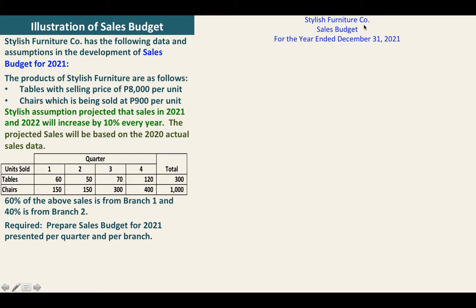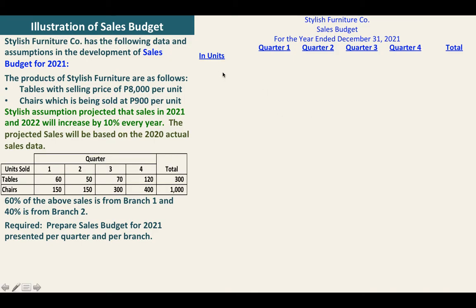Stylish Furniture Company sales budget for the year ended December 31, 2021. So this is our heading. Since we are going to present this per quarter, we make sure that the sales budget provides information per quarter. And then in units, first we have to determine in units, because the amount will be based on units.